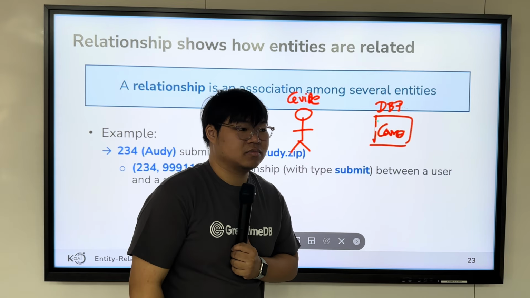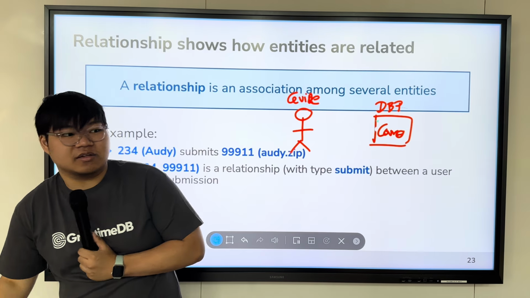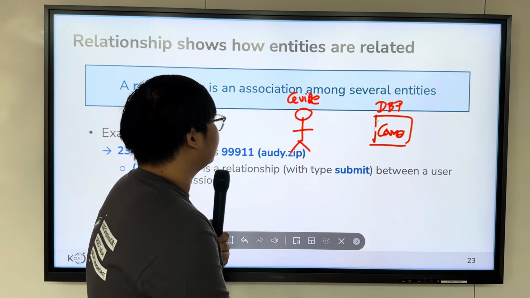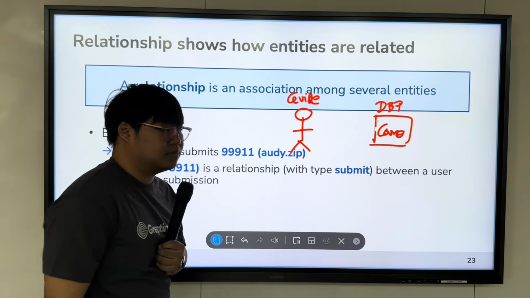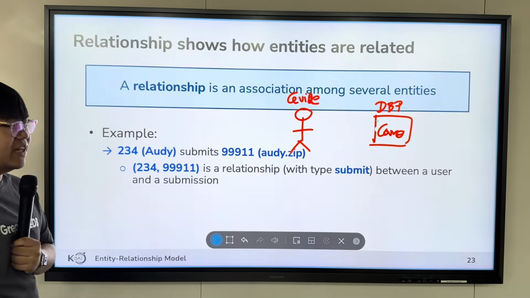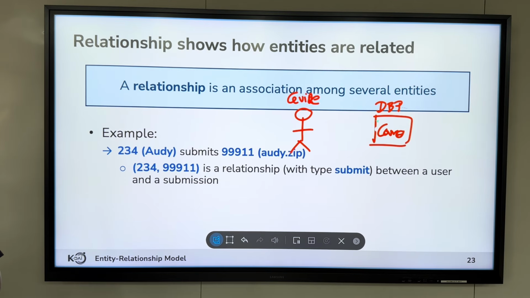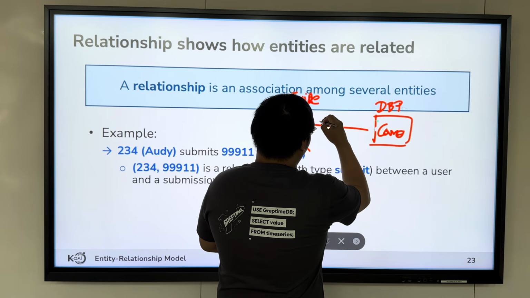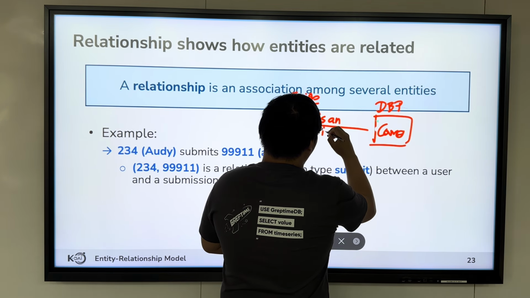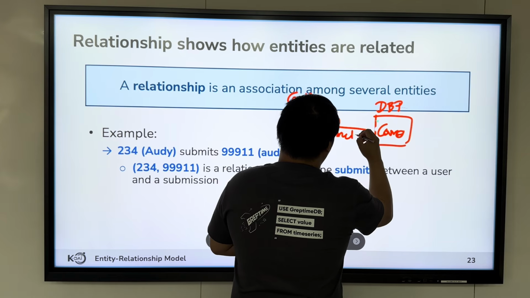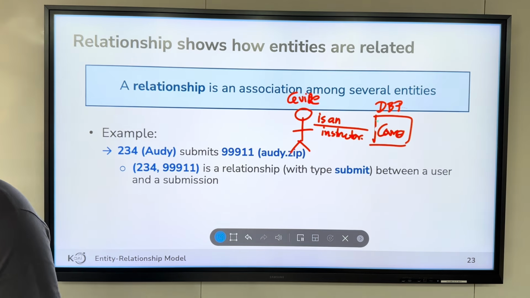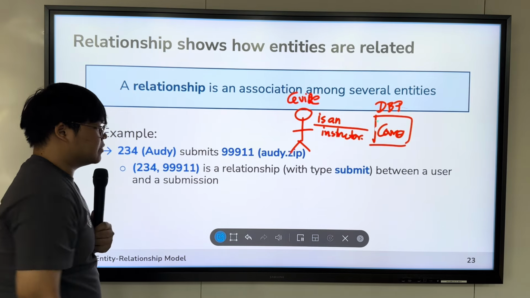DBP exists, even though it's not tangible. What is the relationship between Guide and DBP? Guide is maybe an instructor of the course called DBP. This is a relationship.